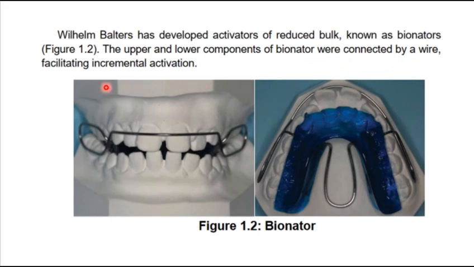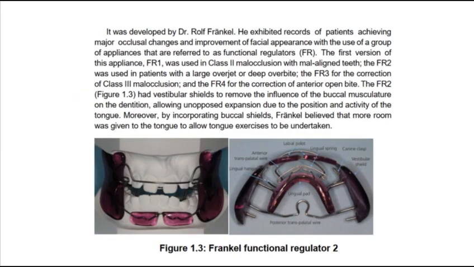The upper and lower components of the bionator were connected by a wire, facilitating an incremental activation of the appliance. If you can see the wire bending here, present on the buccal and facial surfaces of the tooth, it is majorly meant to prevent excessive application of force by the cheeks and the facial muscles.